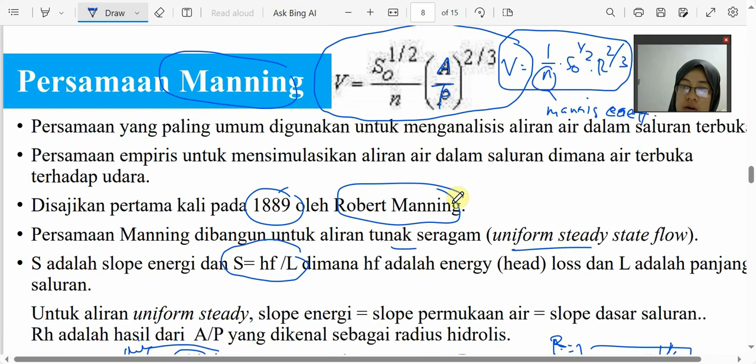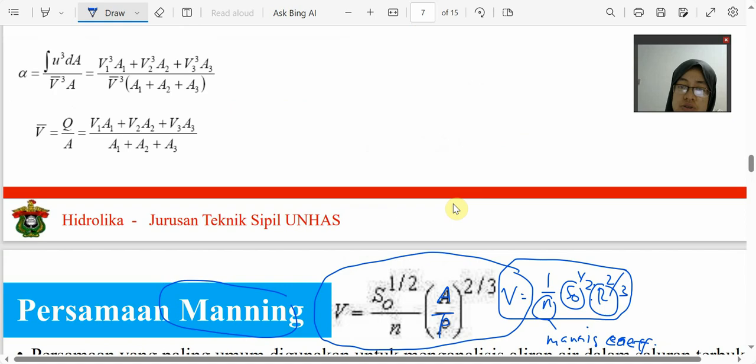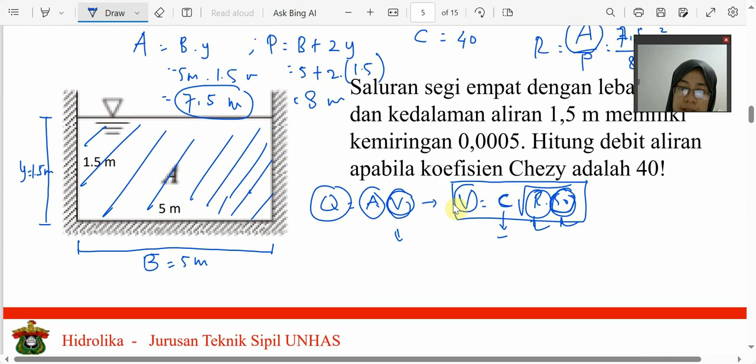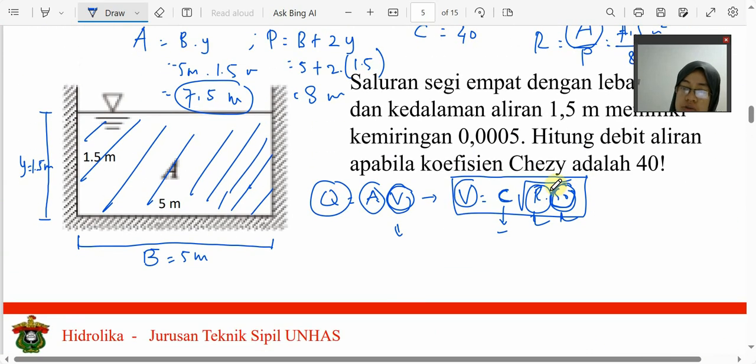As we can see, when we calculate velocity with the Manning coefficient, we consider R, the hydraulic radius of the open channel, S0, the slope of the open channel, and also the roughness coefficient from Manning. So it's almost similar to Chezy, right?